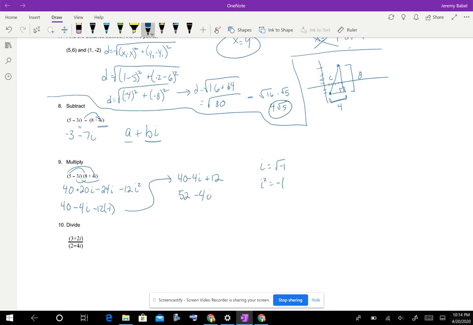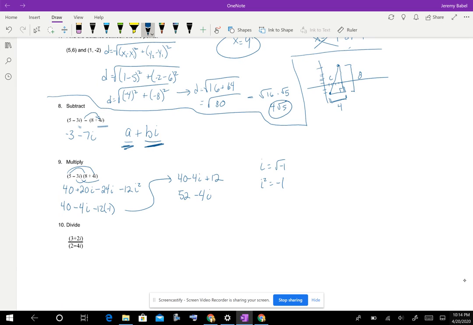We usually try to get our answers in the format a, the real part, plus bi, a being 52, bi being negative 4i. That's multiplying. So adding, subtracting, we're combining the real part with the real part, the imaginary part with the imaginary part. Multiplying, treating it like a binomial times a binomial and distributing like that.